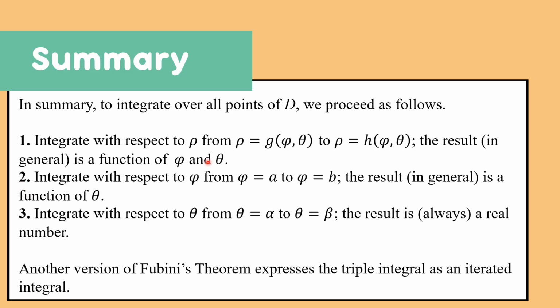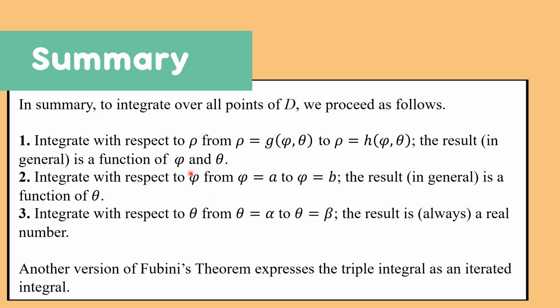Second, after integrating the inner integral with respect to rho, we integrate with respect to phi from phi equals a to phi equals b. Steps 2 and 3, phi and theta, can be interchanged, but for this specific procedure we assume we always begin with phi. The result in general is a function of phi.